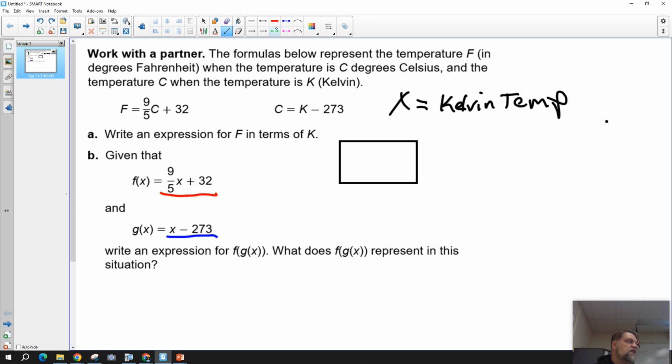And that function is going to have an input and an output. And so, essentially, this is f. Okay?